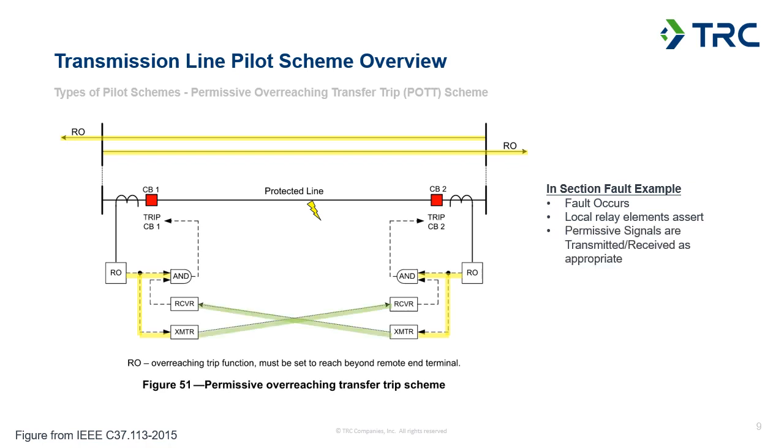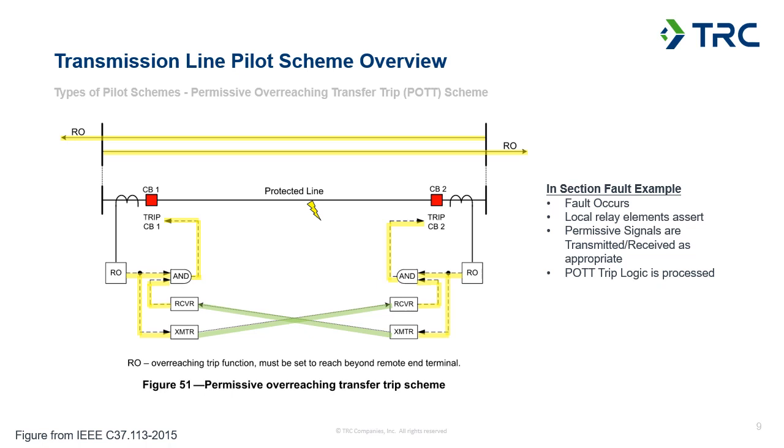So because the transmitters at each terminal are receiving an instruction to send that permissive based on the local overreaching element, they both send a signal to the remote end, and the receiver at that end asserts to indicate that it's received the permissive signal.